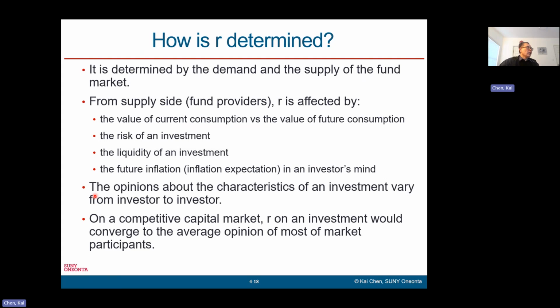The opinions about the characteristics of an investment vary from investor to investor. You have different opinions about the characteristics of an investment. What does this mean? That means you have a different required rate of return for the same investment.